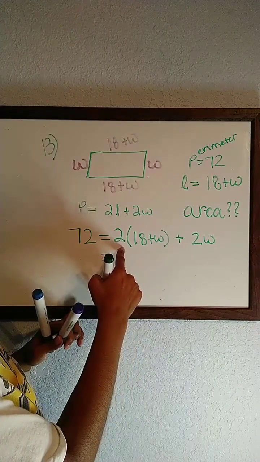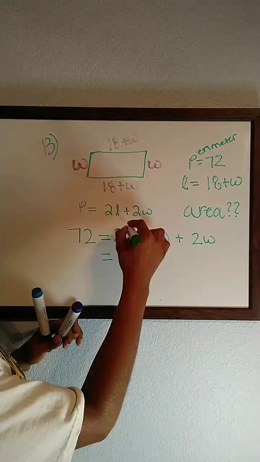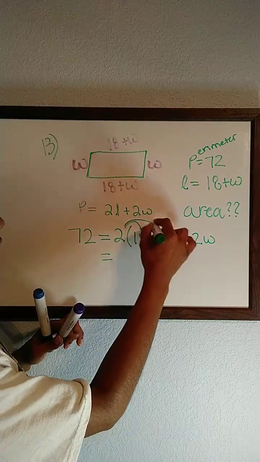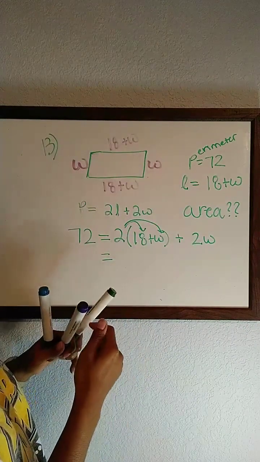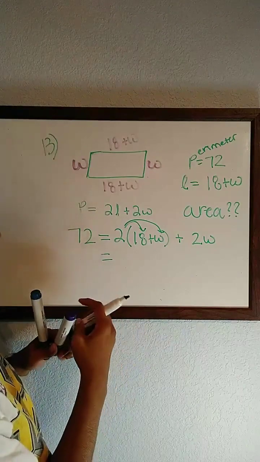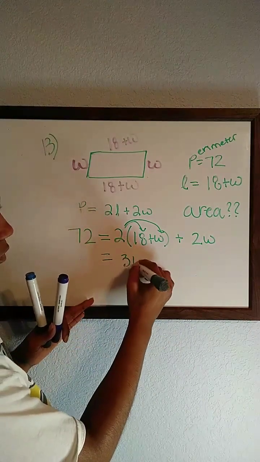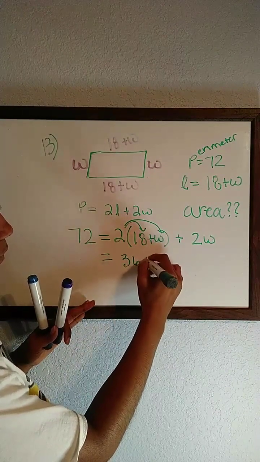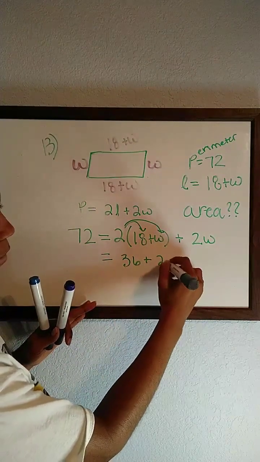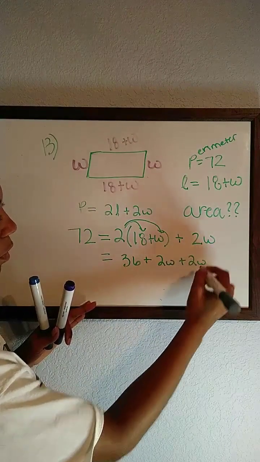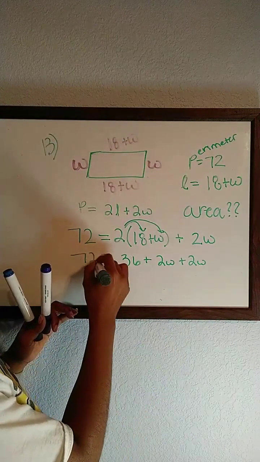What do I do with that 2 out there? Multiply it with everything in the parentheses. So I got 2 times 18, which is 36, and then 2 times W, 2W, plus 2W. And this is 72.